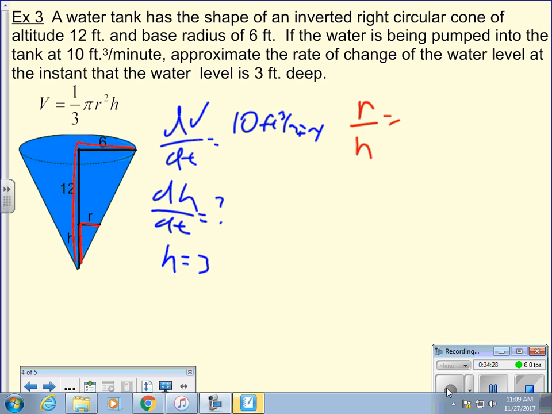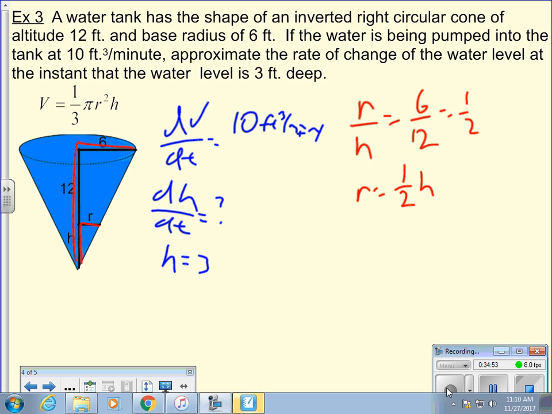So that means r over h is equal to 6 over 12 all the time. So this reduces to 1/2, right? So r equals 1/2 h. The radius is always half the height.